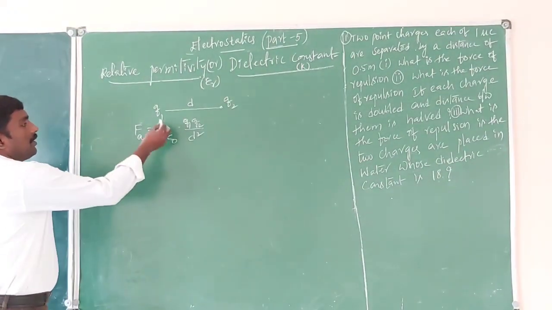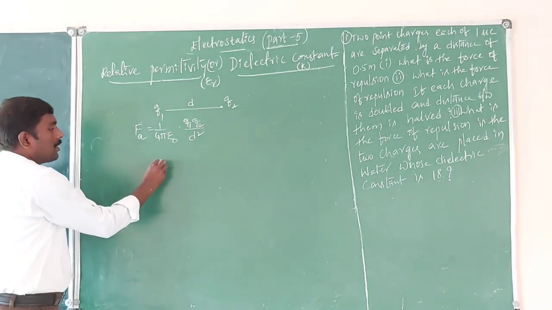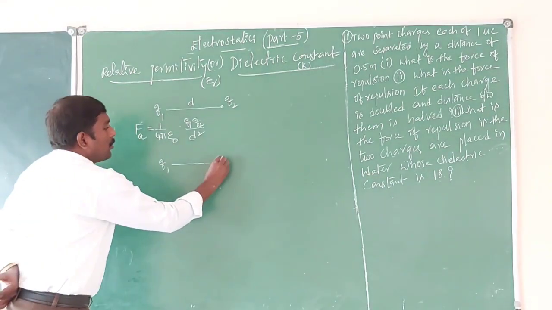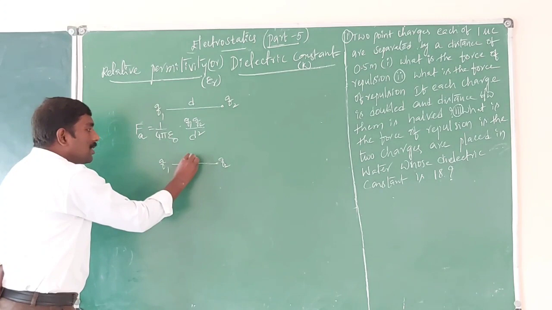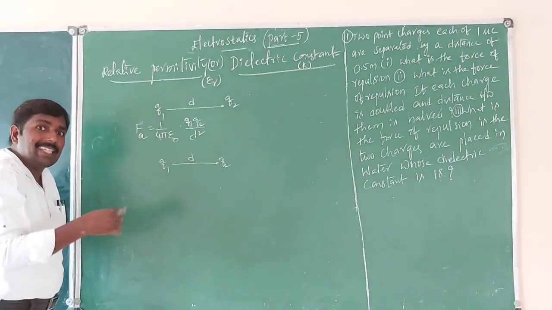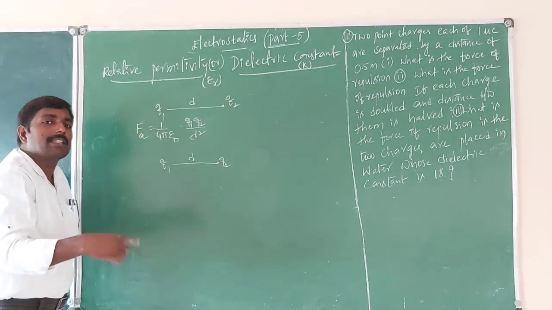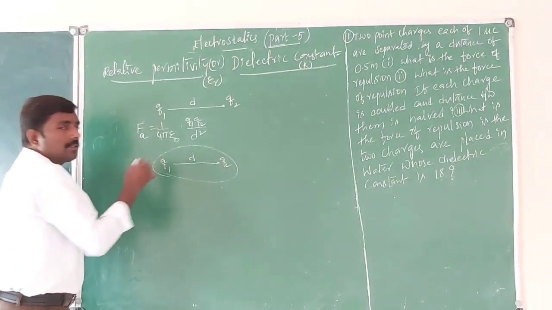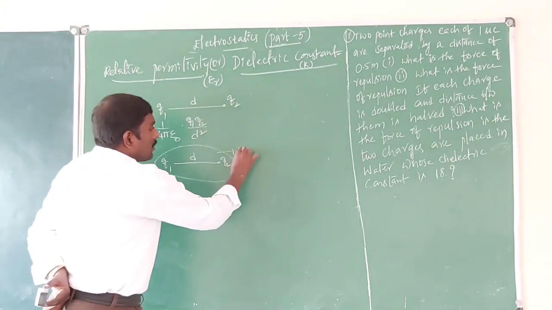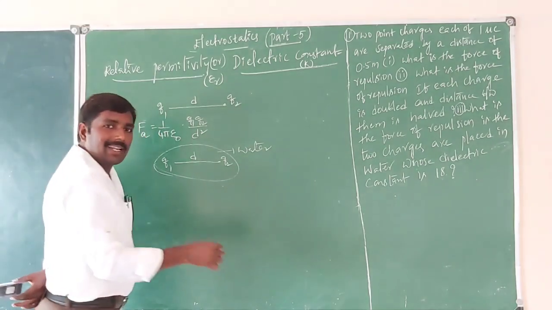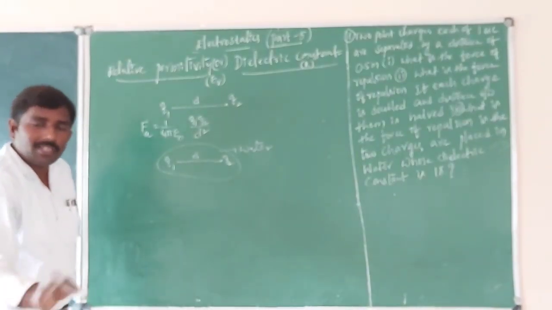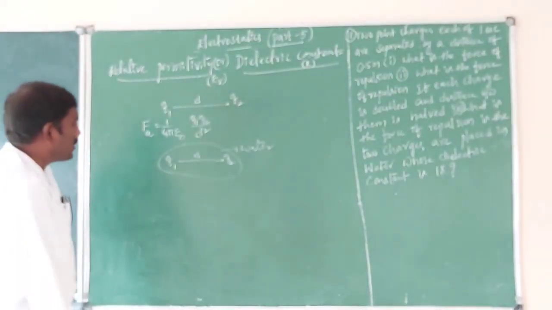Okay, next one. These two charges Q1 and Q2, separated by the same distance D, are kept in a medium other than air, that is, kept in another medium like water or glass or kerosene or petrol, whatever it is.